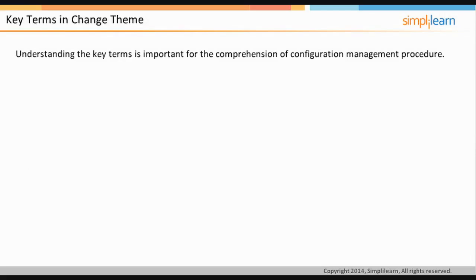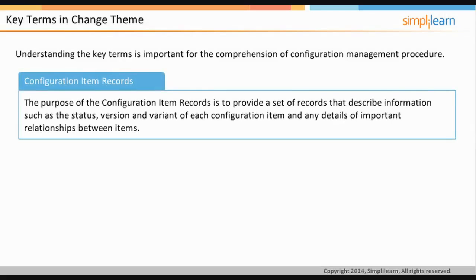Understanding the key terms is important for the comprehension of configuration management procedure. Configuration item records. The purpose of the configuration item records is to provide a set of records that describe information such as the status, version, and variant of each configuration item, and any details of important relationships between items.